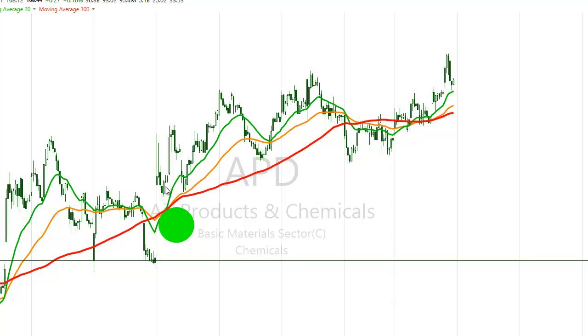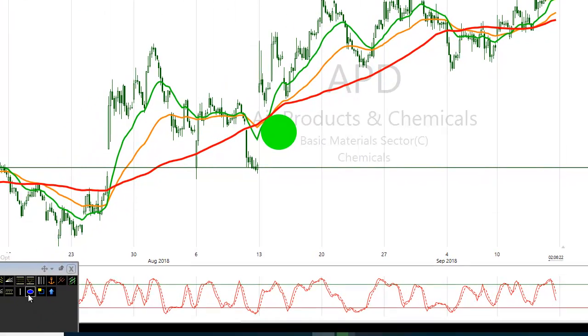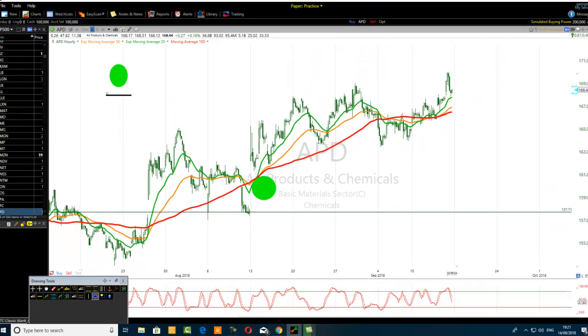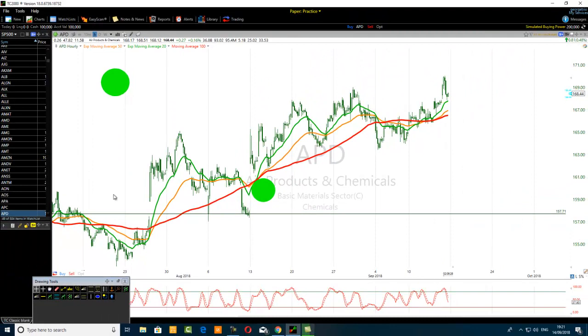For that specific 20 and 50 crossover, very often the price will run. Most of the time you'll see that. To avoid the whipsaw problem, wait for a pullback. Bullish moving average crossover: to avoid the whipsaw, wait for a pullback.